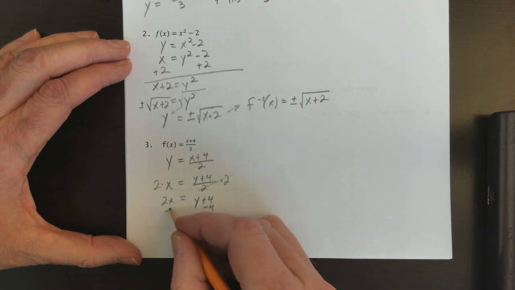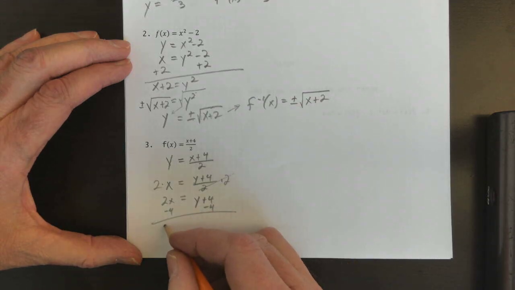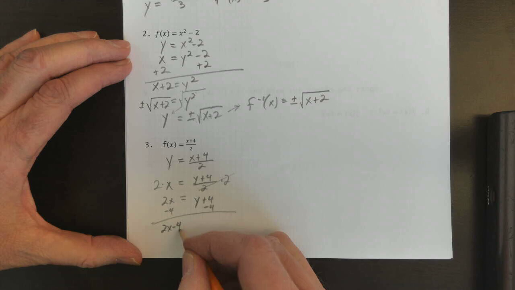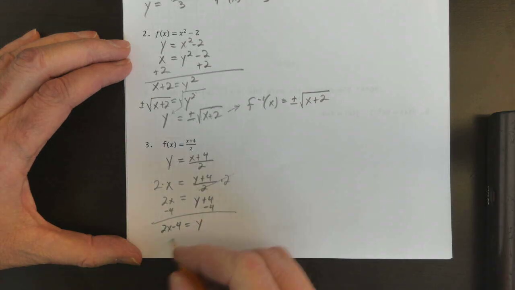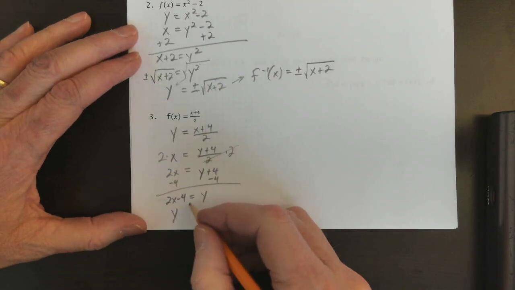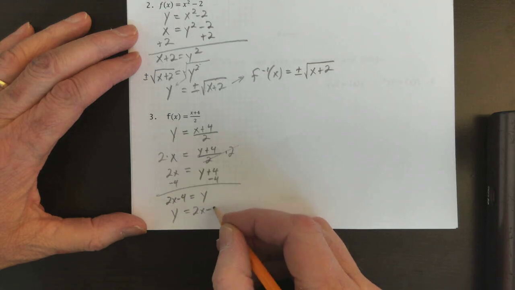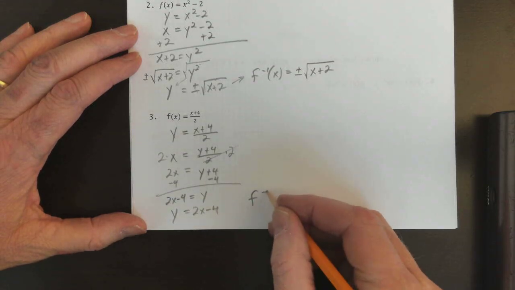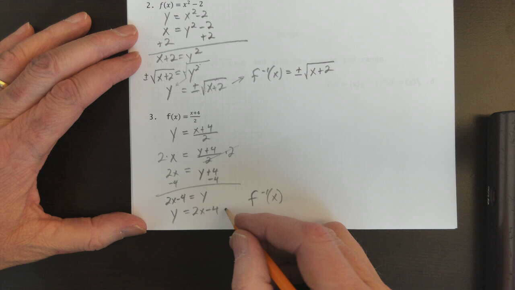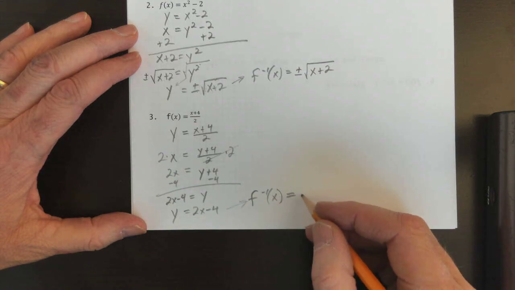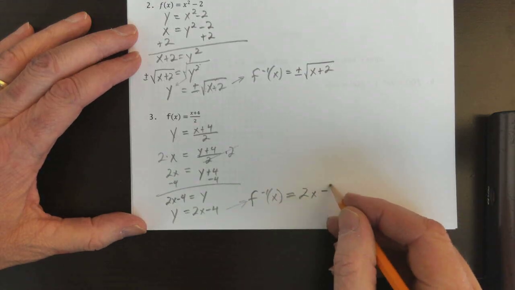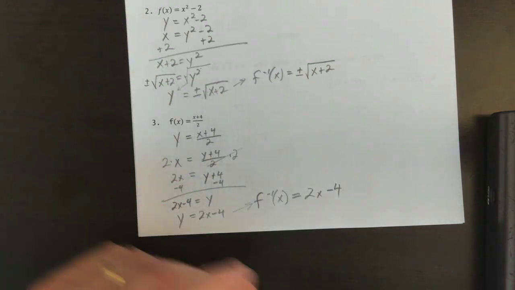I'll subtract 4. And I've got 2x minus 4 equals y, which is the same as y equals 2x minus 4. And then my final answer, I'll use inverse notation. I do like it for this one, though. That's 2x minus 4. All right.